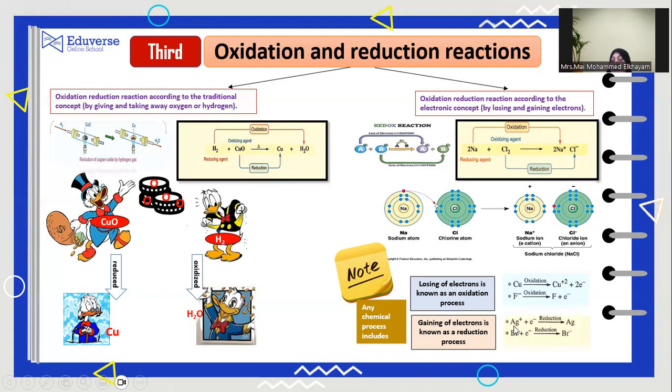Silver. Here it is positive silver ion plus electron. So when we add an electron to the positive silver ion, it will be neutral. So this is a reduction process. Pay attention, the electron is added in the reactants. While here, the bromine, which is neutral, to change it to bromide, means that it has to accept or gain an electron. So it will be changed into negative bromide ion.